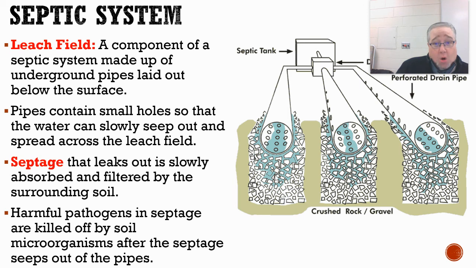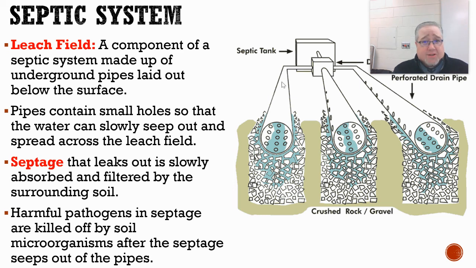Below this crushed rock is just going to be soil. But you have to remember one thing about soil: soil is alive. It contains organisms, worms and bacteria and a whole bunch of others.